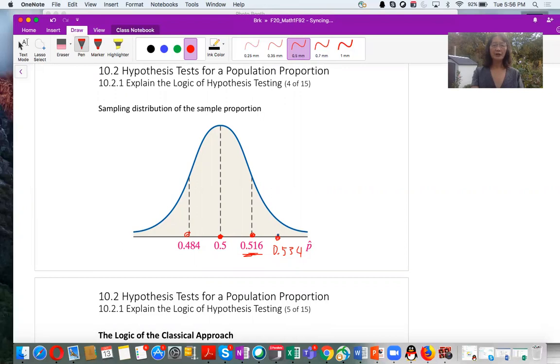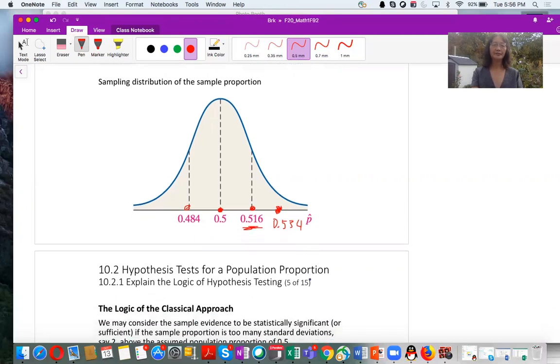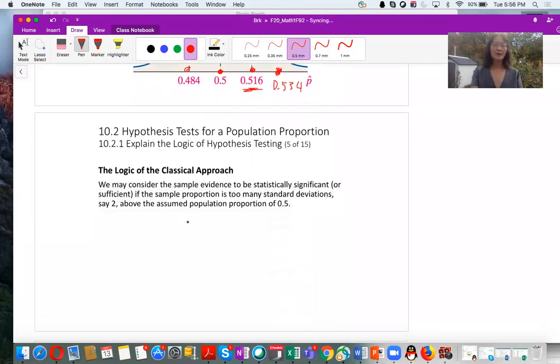Our sample proportion is here, 0.534. The question is, is this point statistically significant? We may consider the sample evidence to be statistically significant if the sample proportion is too many standard deviations above the assumed population proportion 0.5.